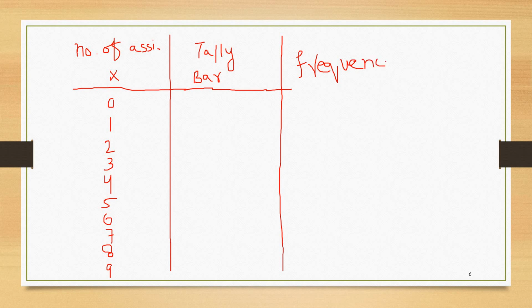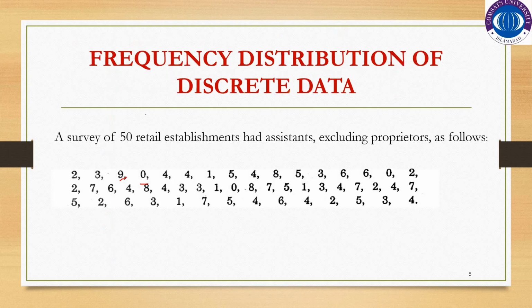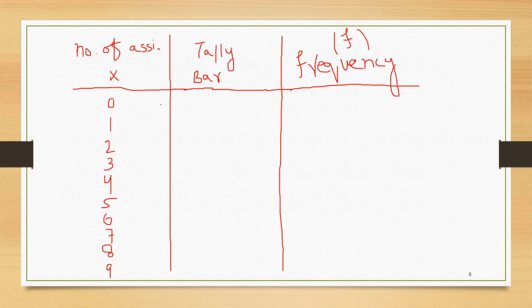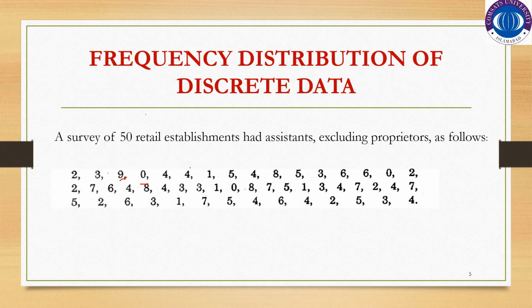Please excuse the writing. Frequency is always represented by small f. Now we will make tally. First value is 2. We will make 1 bar against 2. Second is 3. We will make 1 bar against 3.